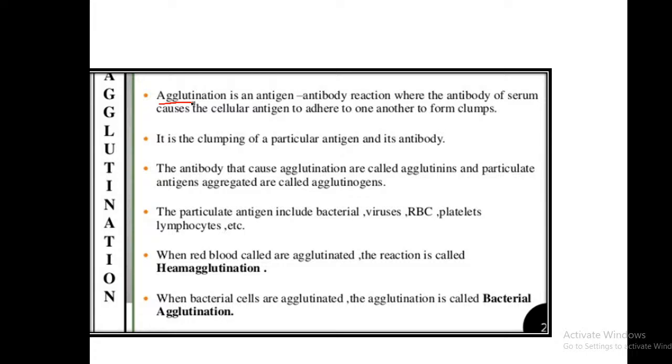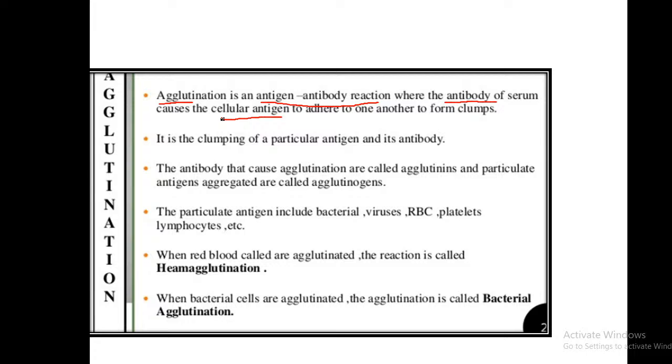That is known as agglutination reaction. So agglutination is an antigen antibody reaction where antibody of serum causes the cellular antigen to adhere to one another. Blood serum antibodies are there. It will make the antigen clump together.